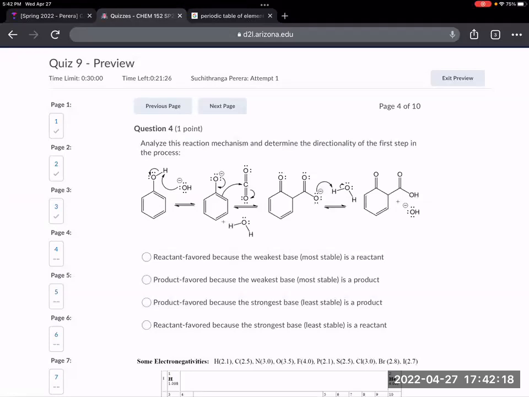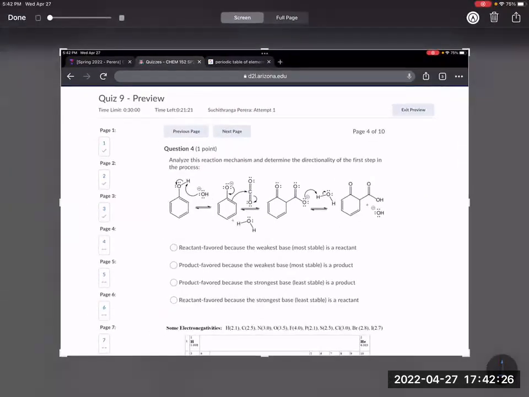Question 4: analyze this reaction mechanism and determine the directionality of the first step in this process. When it comes to directionality, we are looking for the stable species. So we can look for the acid.